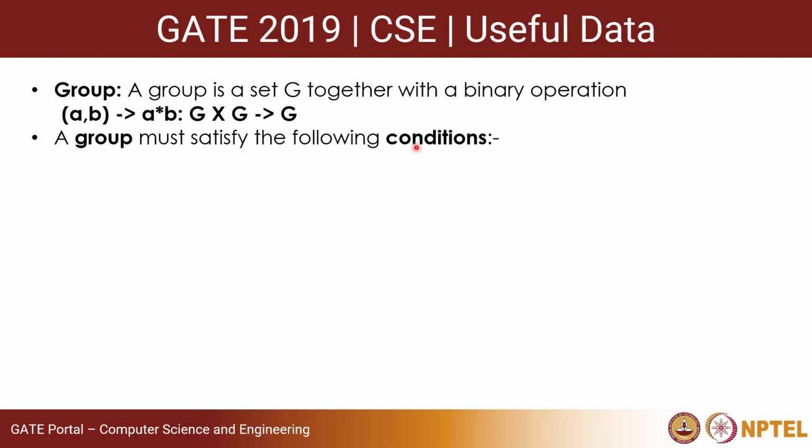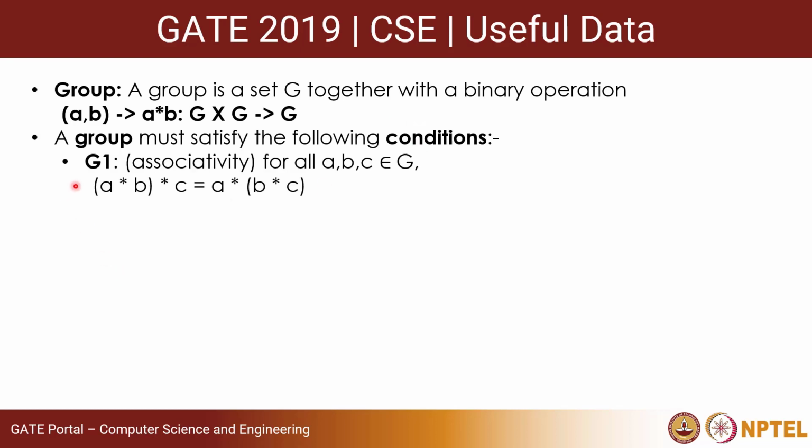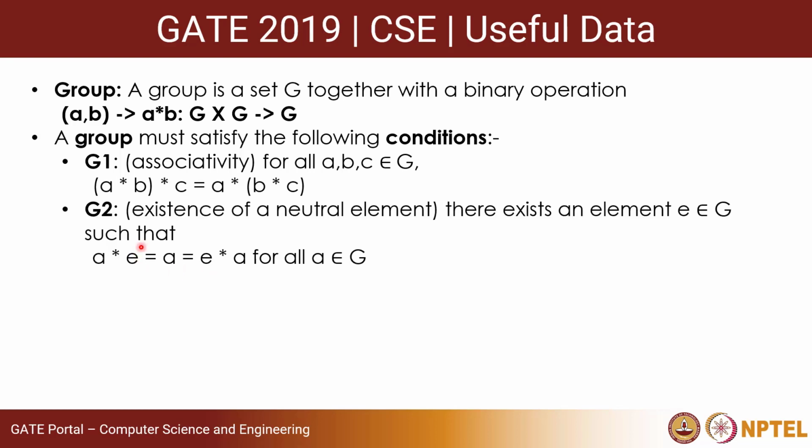Now a group must satisfy the following conditions. First, it should be associative. So for all a, b, c belonging to G, if I apply a star b and then followed by c, or if I apply b star c and then a, it should be the same. G2 is the existence of a neutral element.